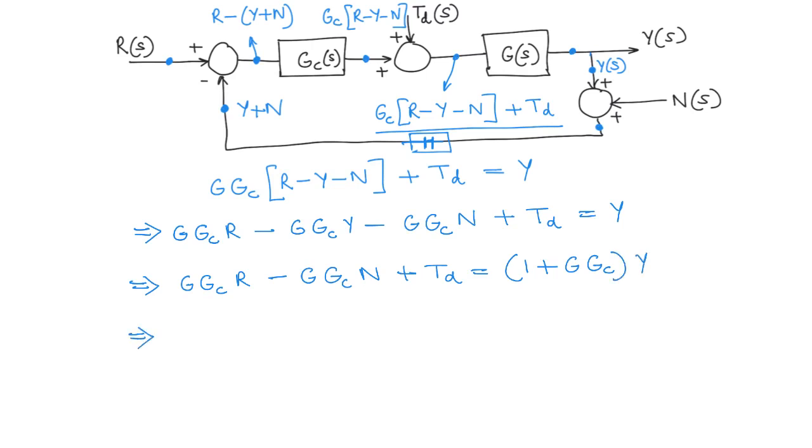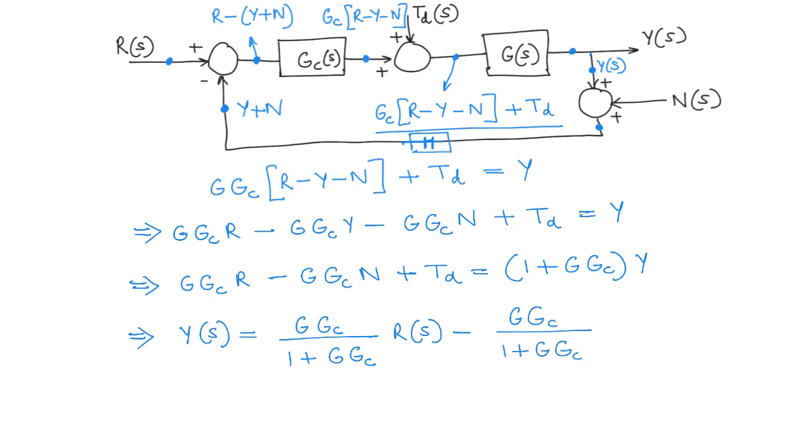So you can write then Y(s) equal to G Gc over (1 plus G Gc) R(s), minus G Gc over (1 plus G Gc) N(s), plus 1 over (1 plus G Gc) Td(s).